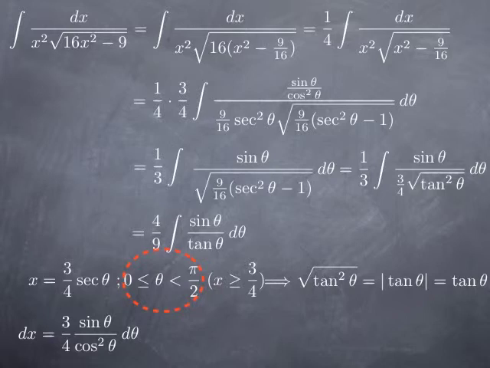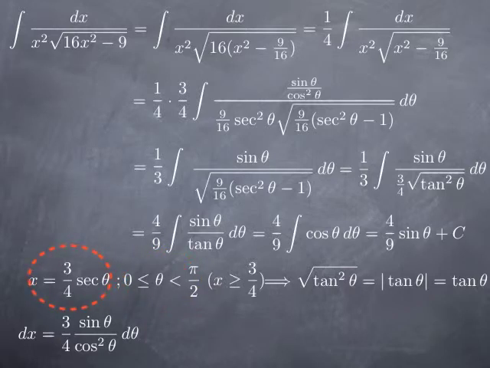And now sine theta over tangent theta, tangent is sine over cosine, so we are left with simply cosine, in other words, simply 4/9 of the integral of cosine. The antiderivative of cosine is of course sine theta, and therefore our integral is 4/9 of sine theta plus a constant.